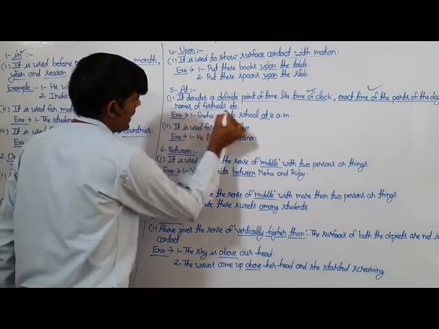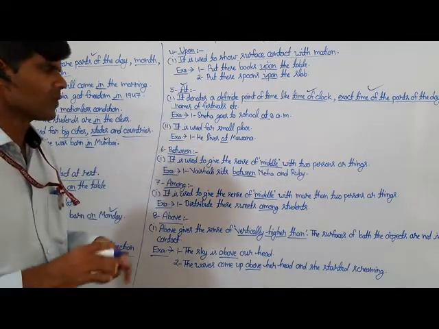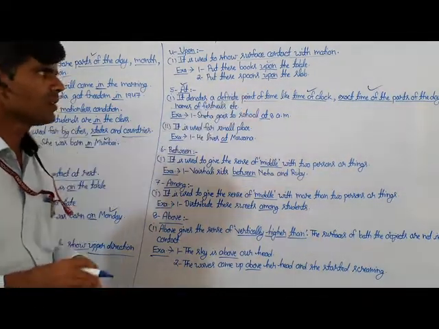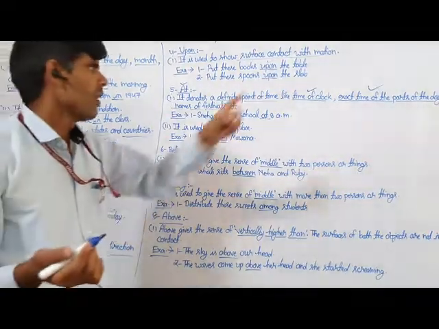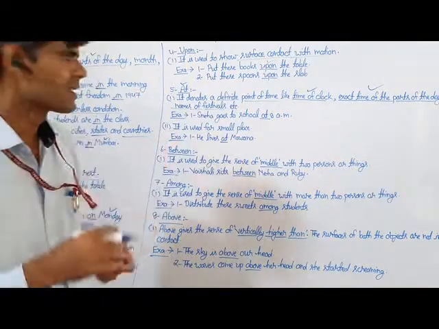So we can say that at is the preposition which is used to denote the definite point of time, such as the time of the clock, exact time, parts of the day, names of the festivals or celebrations.